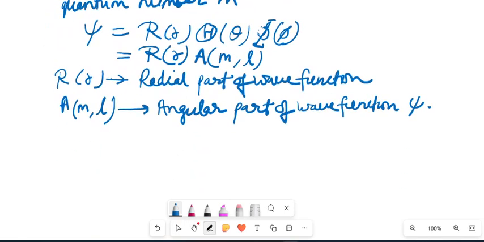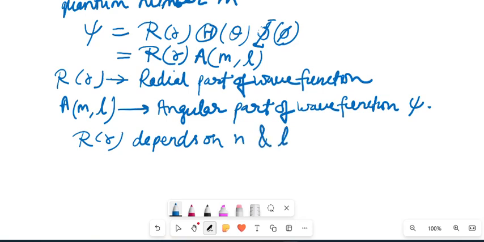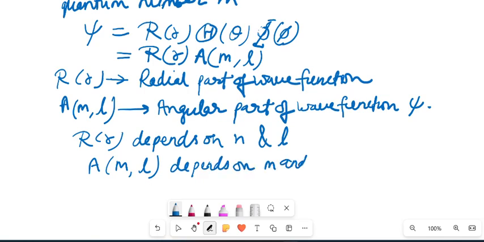R depends on n and l, and the angular part depends on m and l.